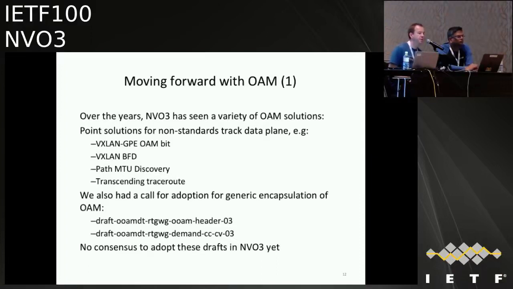There's a path MTU discovery draft. There was a draft on transcending traceroute. We also tried to adopt more generic OAM drafts around encapsulation and a header for OAM, but we couldn't get any consensus within the working group to adopt those drafts at this stage.